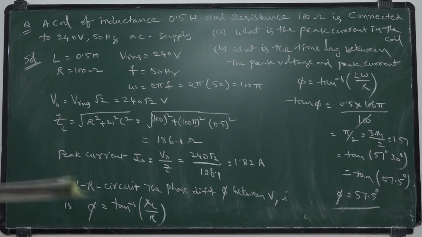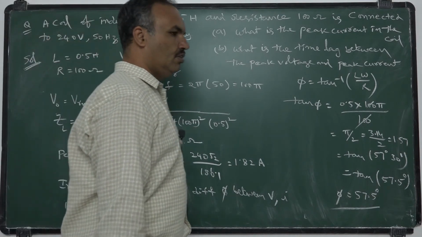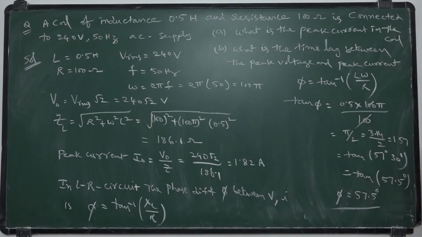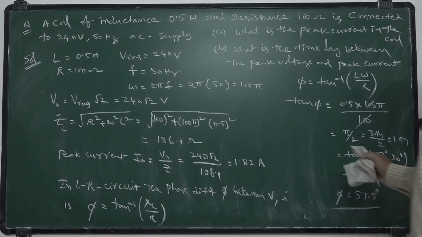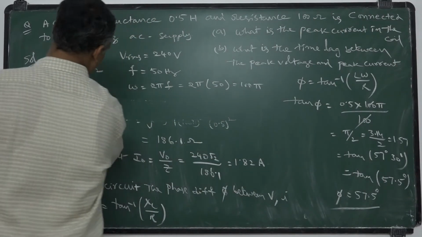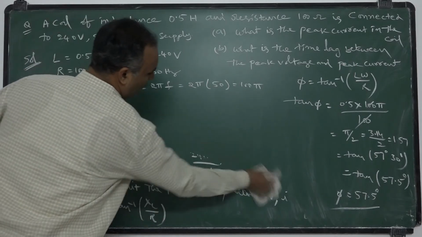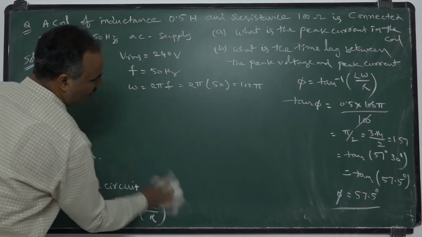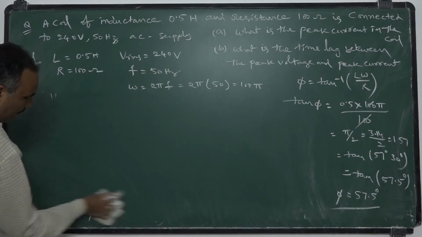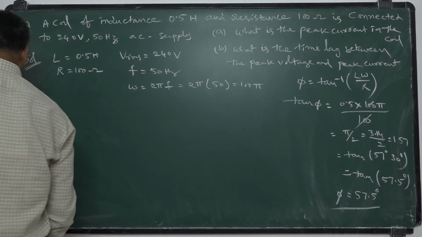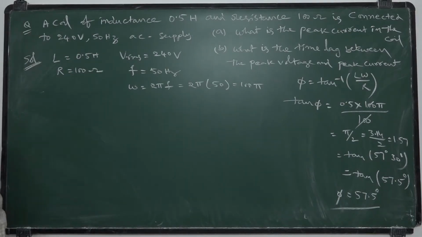But you are asked to find the time lag. So time lag is different from phase difference. So let me calculate the time lag between them like this. Just now we found phase difference.